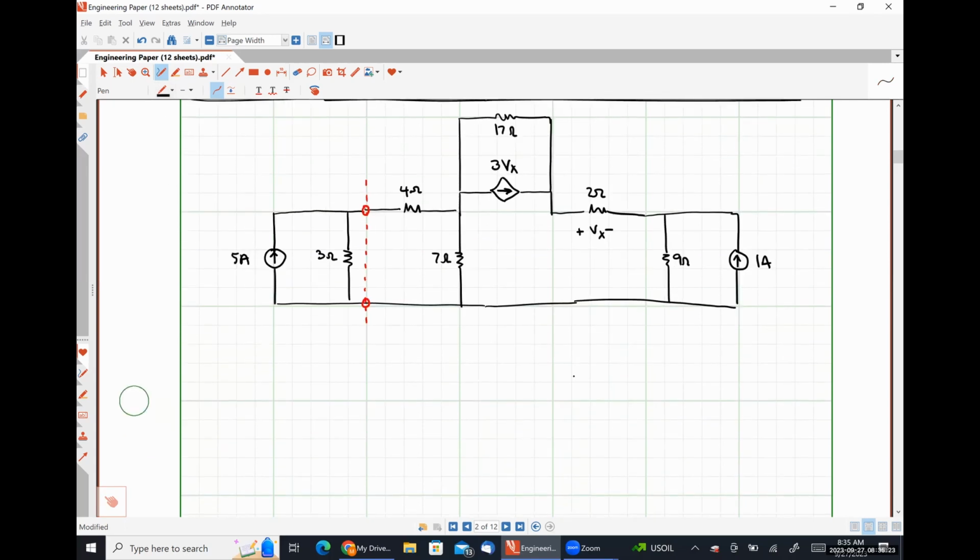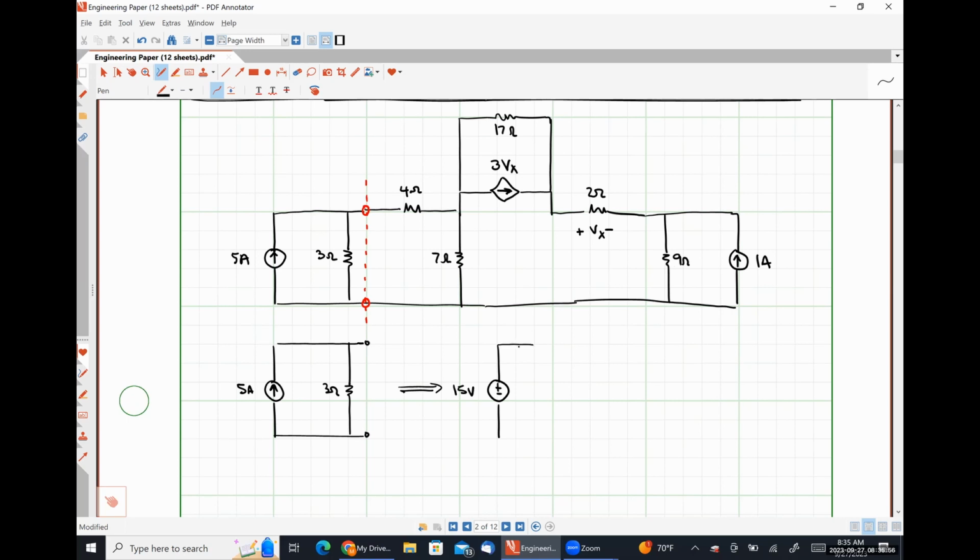So what should the transformation of my 5 amp source in parallel with a 3 ohm resistor look like? It would indeed, because V is equal to I times R. So 5 amps times 3 ohms is 15 volts.